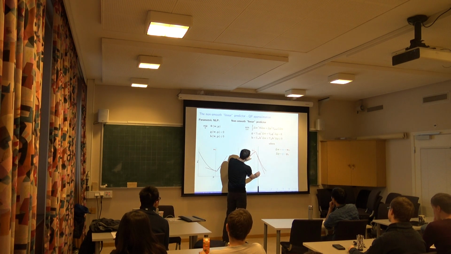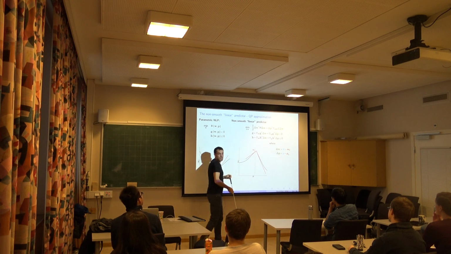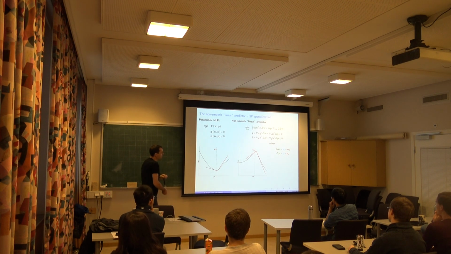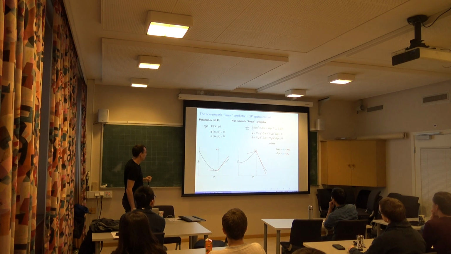Same here. The prediction, instead of having the linear predictor that would bring you up here, using the QP, it actually brings you on the other branch of the solution manifold. So it's pretty effective at calculating this or seeing these corners coming. Same here, you pass the corner. And as you move away from the corner, the prediction becomes not very good.